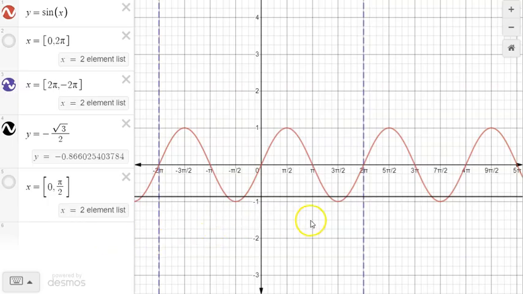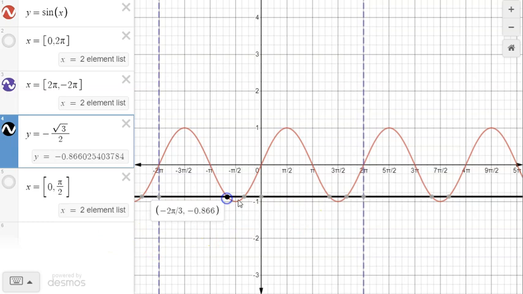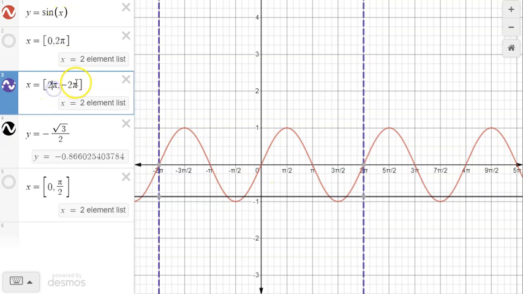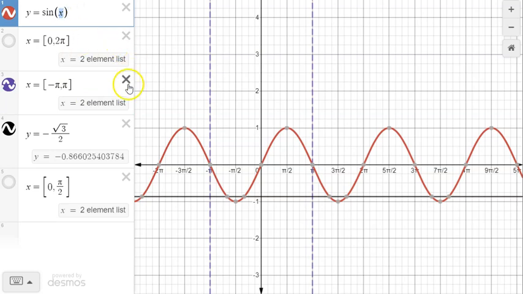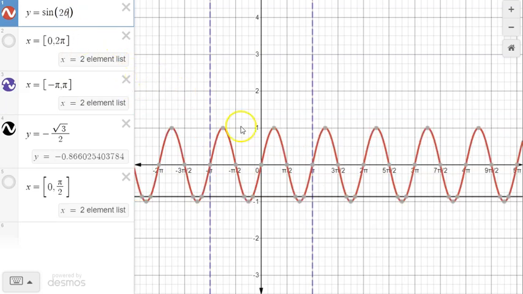Alright, so back over to Desmos. Our original solutions were negative 2 pi on 3, negative pi on 3, 4 pi on 3, and 5 pi over 3. Now let's convert this back. Our original domain was negative pi and pi, and we're not in x, we're in 2 theta.